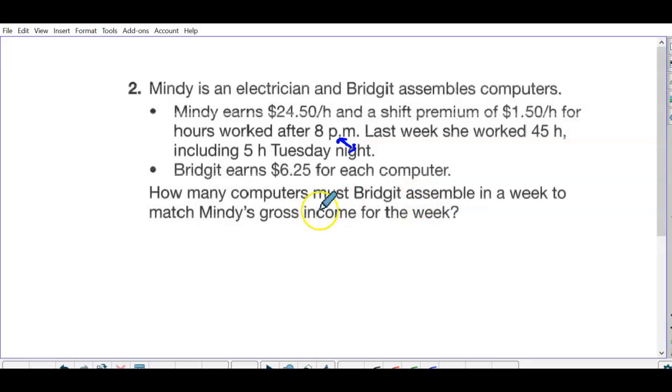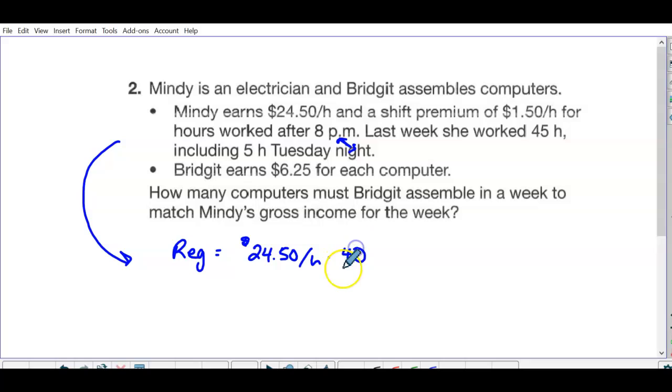So this is a little bit of working backwards. First of all, we want to calculate Mindy's gross income for the week. So we're going to go for regular pay. She earns $24.50 per hour for 40 hours.